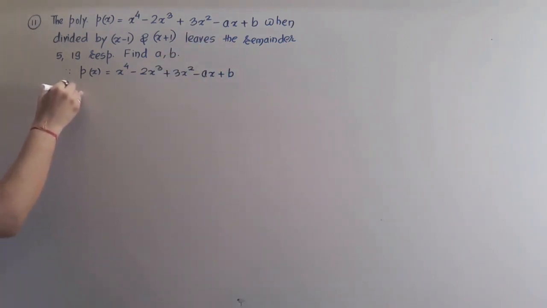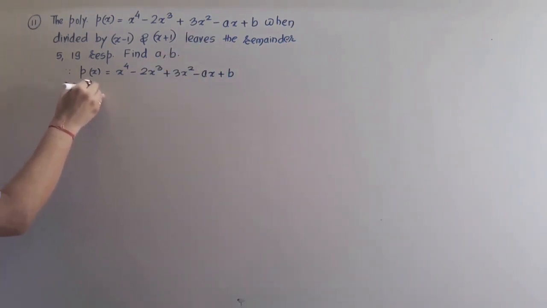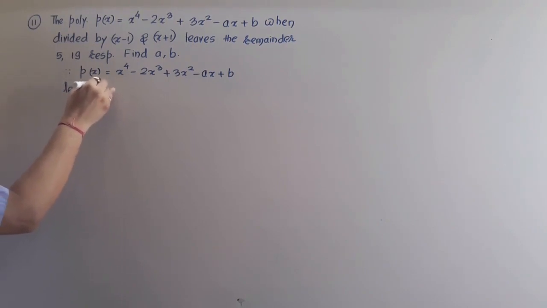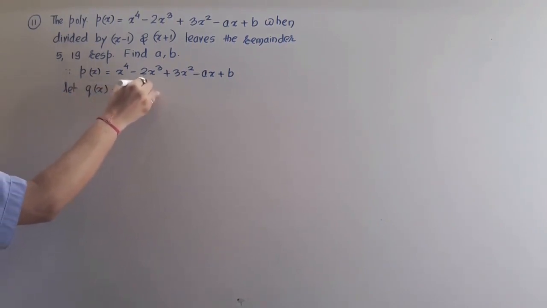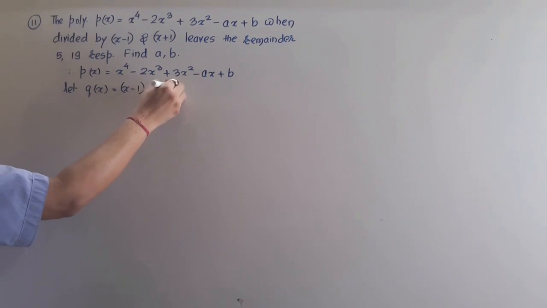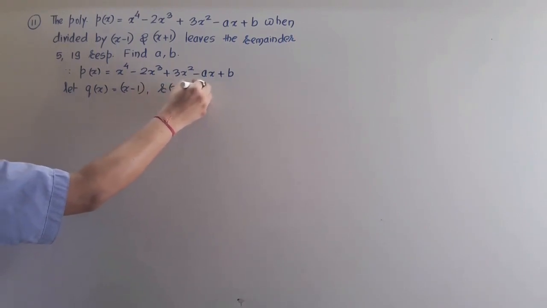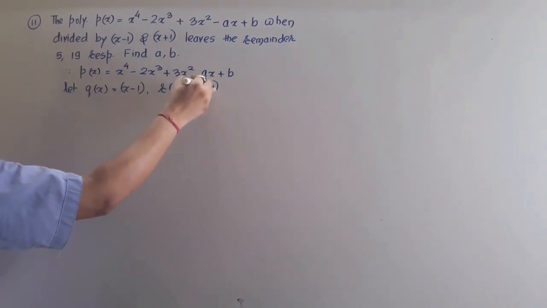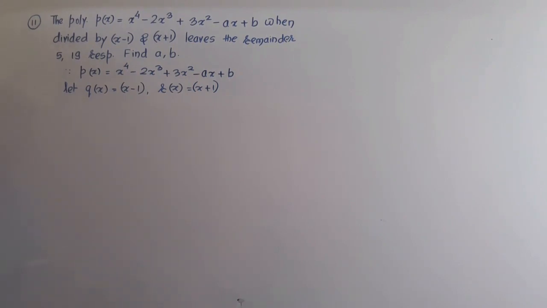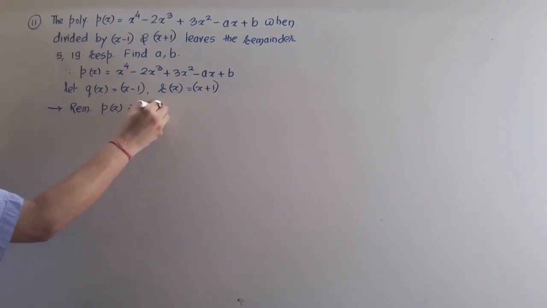And suppose the value of q of x is equal to x minus 1 and the value of r of x is equal to x plus 1. Now let us find the remainder when P of x is divided by q of x.